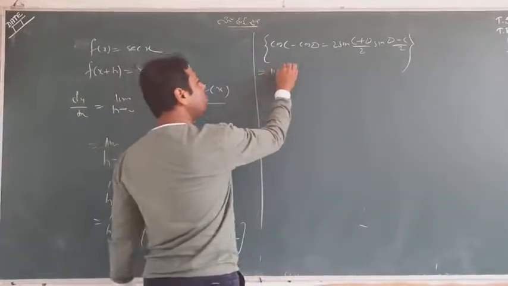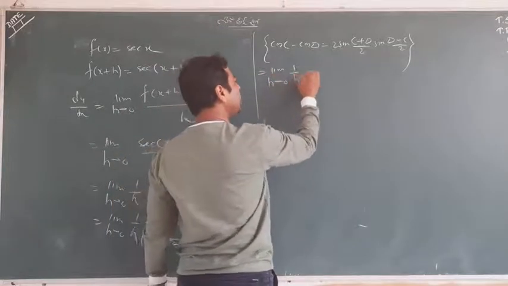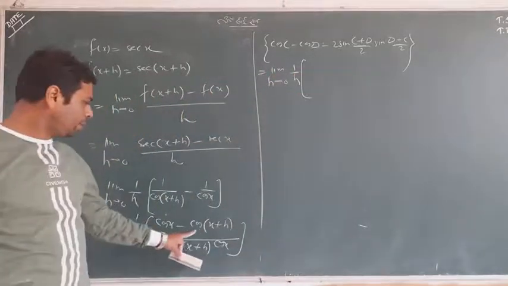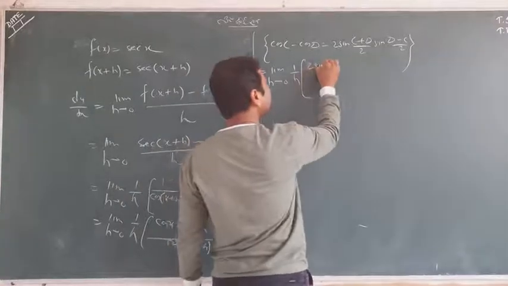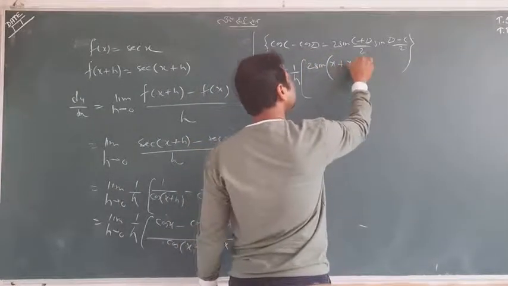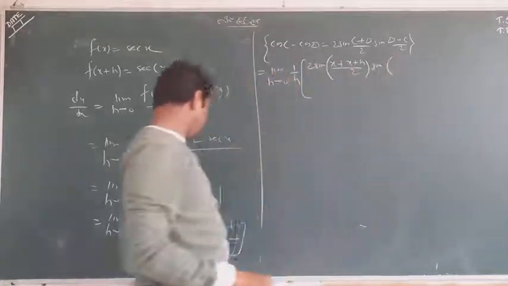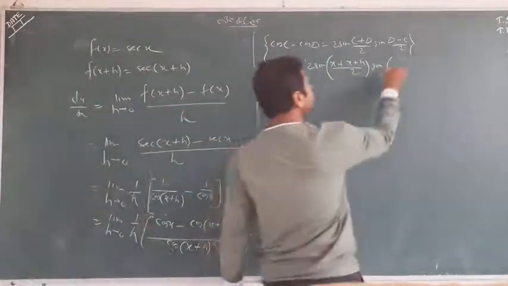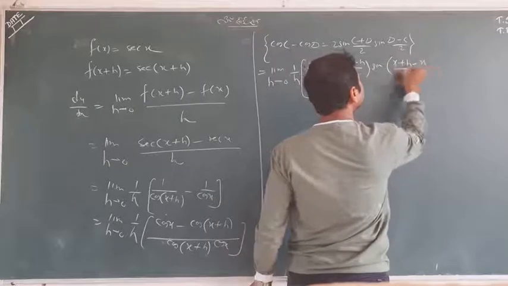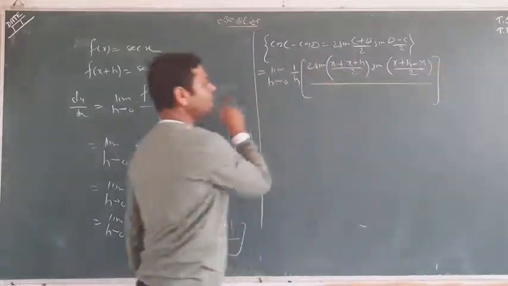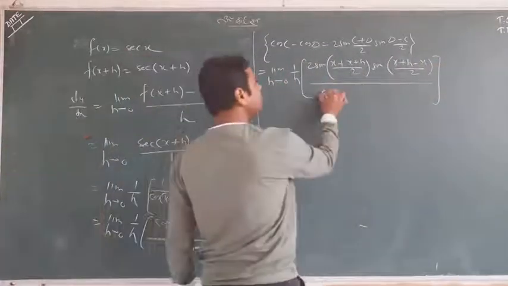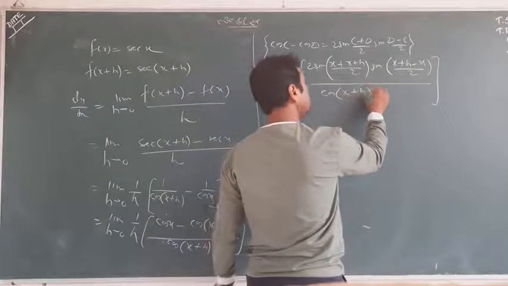So limit of h tends to 0, 1 by h was there. Cos C minus cos D, I will write 2 sin of C plus D by 2 sin of D minus C by 2, so your D is x plus h, and in the denominator we have cos of x plus h and cos x.